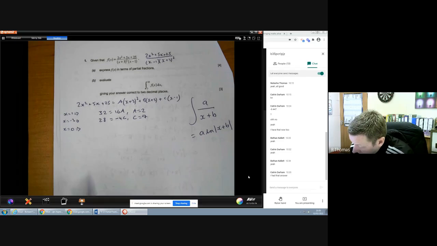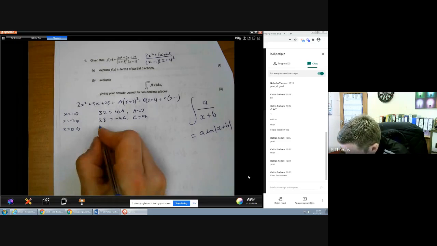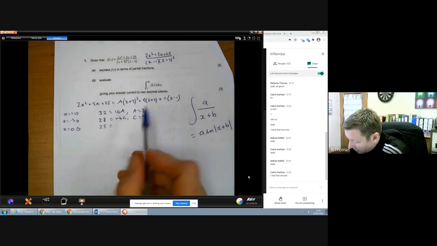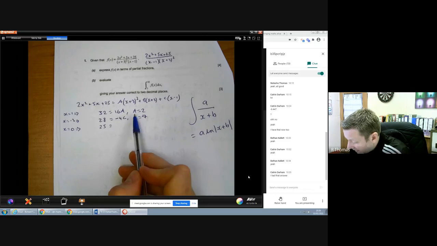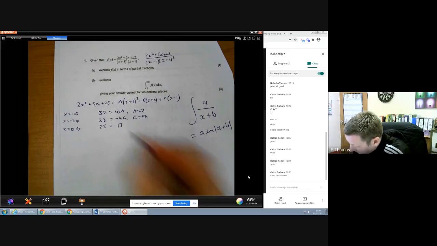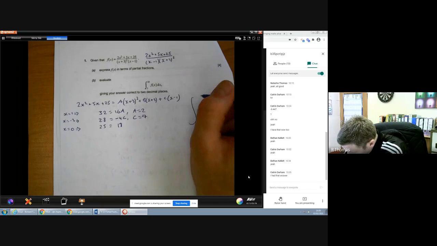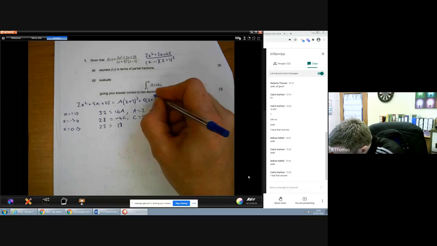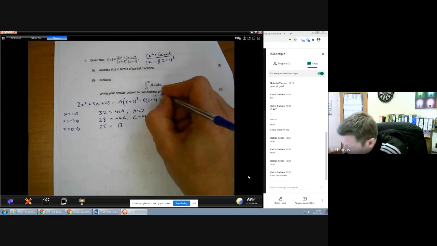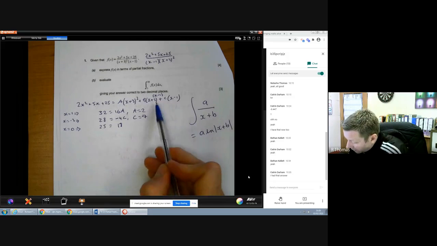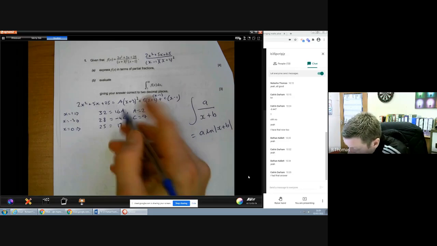Chuck in 0. That goes, that goes. That's 25. Right, 3 squared is 9. 9 2's are 18. 3 times minus 1 is minus 3b.